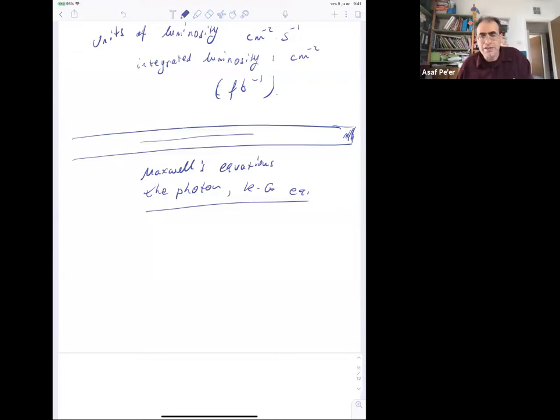In quantum physics, everything is being quantized. Everything becomes a particle. And the particle that is associated with the electromagnetic field is the photon, which means that photons need to be involved in any interactions. That's why in quantum electrodynamics, every interaction is described by an exchange of a photon.